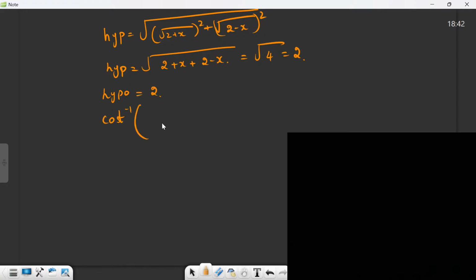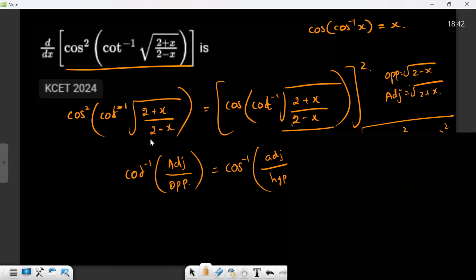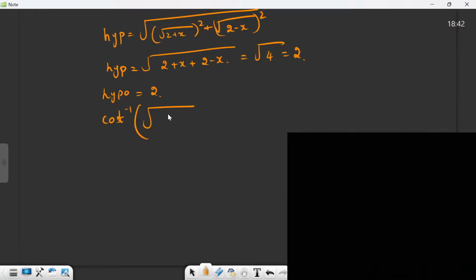So if the cot inverse is of root of (2 plus x) divided by (2 minus x), when you write cos inverse, it will become root of (2 plus x) divided by 2.